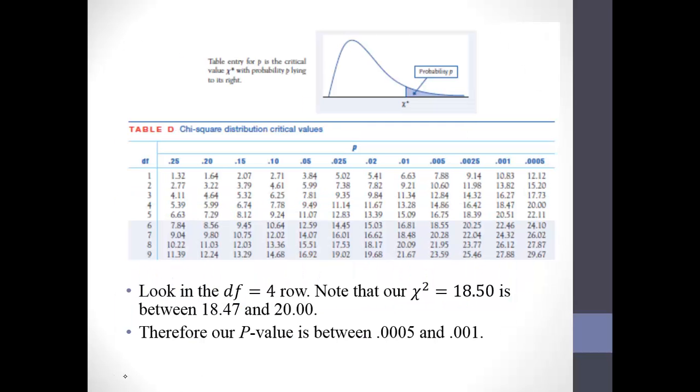Since our degrees of freedom here is 4, we go to the degrees of freedom equal to 4 row, and then we want to find where our test statistic falls in that row. We trace this over, and our 18.5 is between 18.47 and 20. You can trace that up, and we see that our p-value is then between 0.005 and 0.001.